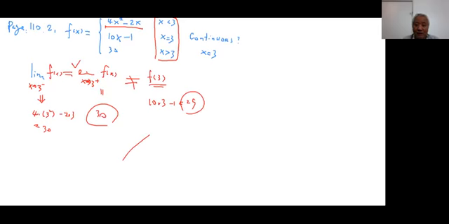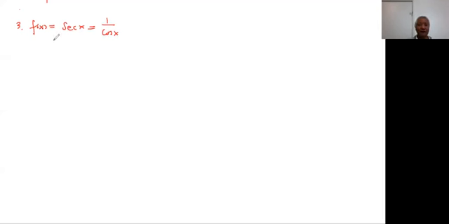Now if you want to check whether this function is continuous or not, you need to look at where, because this equals 1 over cosine x. So you need to look at the x values that make cosine x equal what, Zoe?